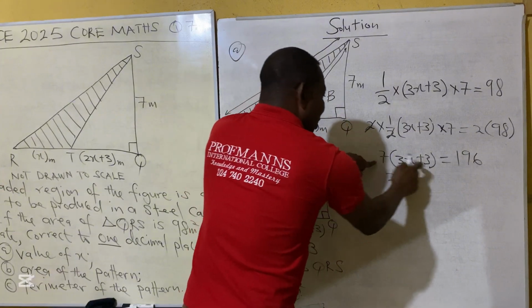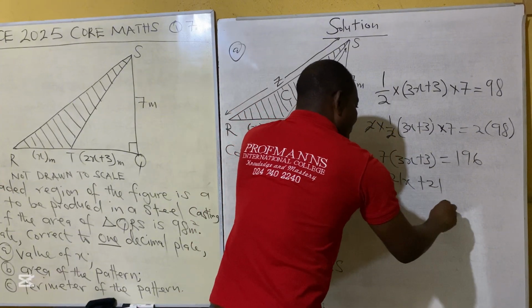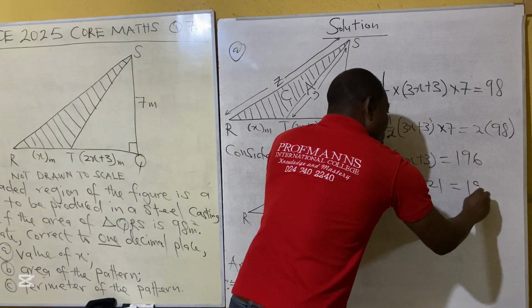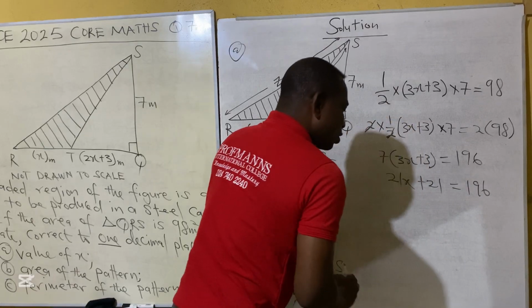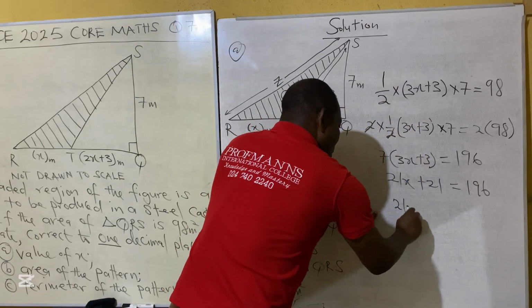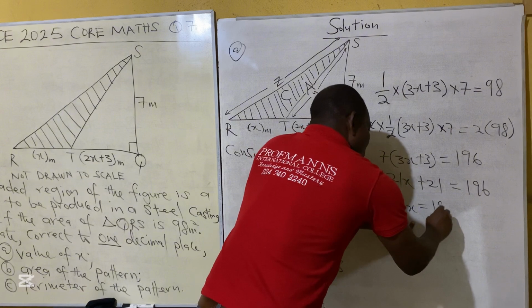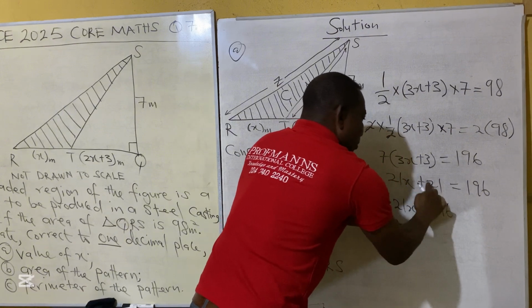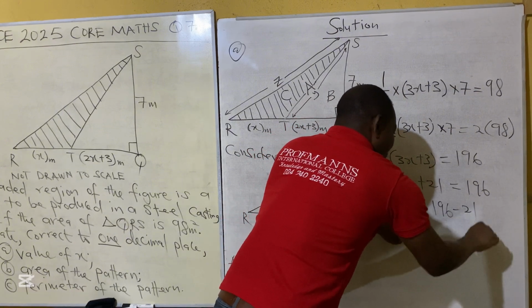Now let's expand. 7 times 3x gives 21x, and 7 times 3 gives 21. So 21x plus 21 is equal to 196. Now let's group like terms. 21x is equal to 196, the 21 crosses and becomes minus 21.